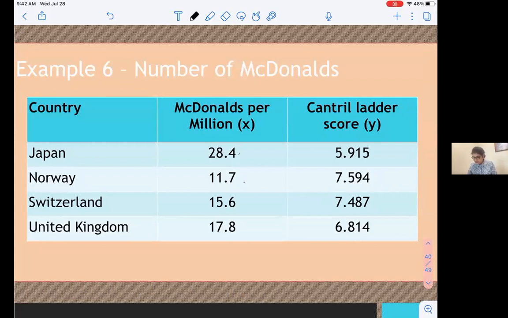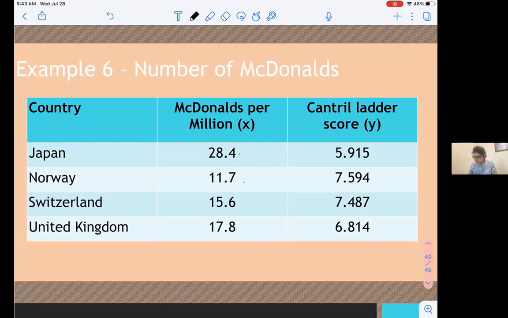So go to your stat, press edit, and then on L1, write down all the values you have for Japan, Norway, Switzerland, and United Kingdom: 28.4, 11.7, 15.6, 17.8.